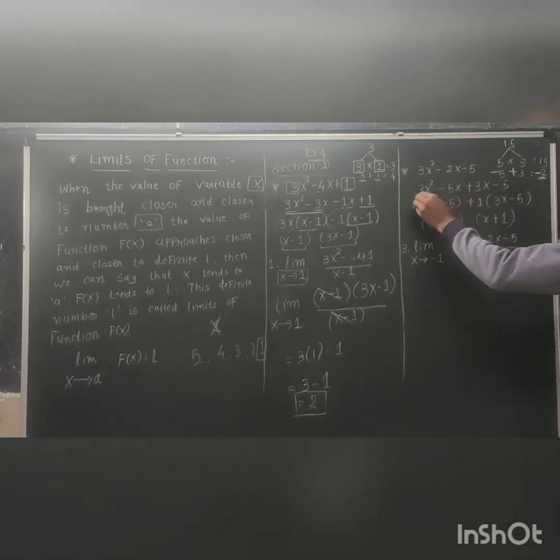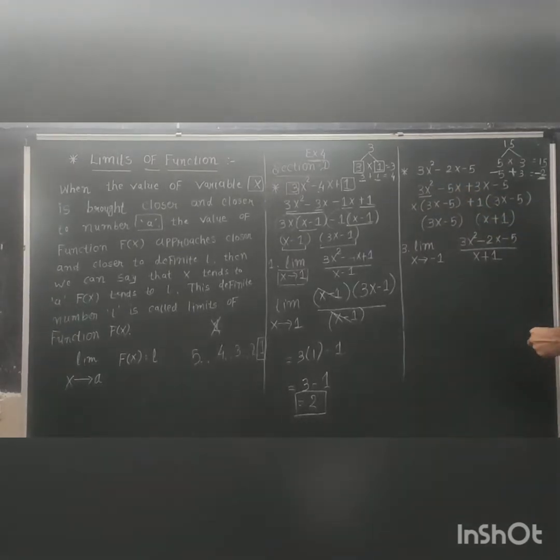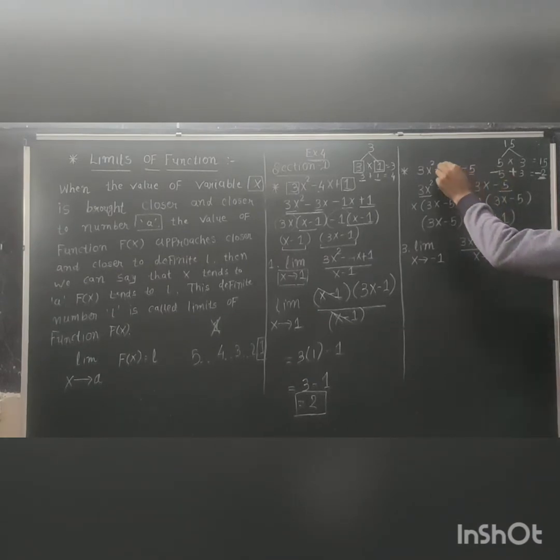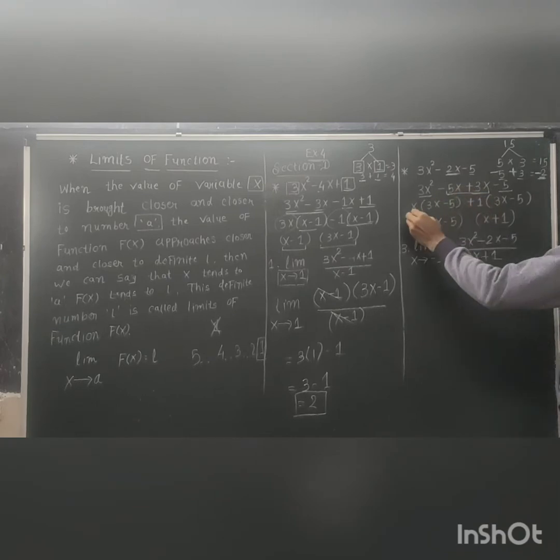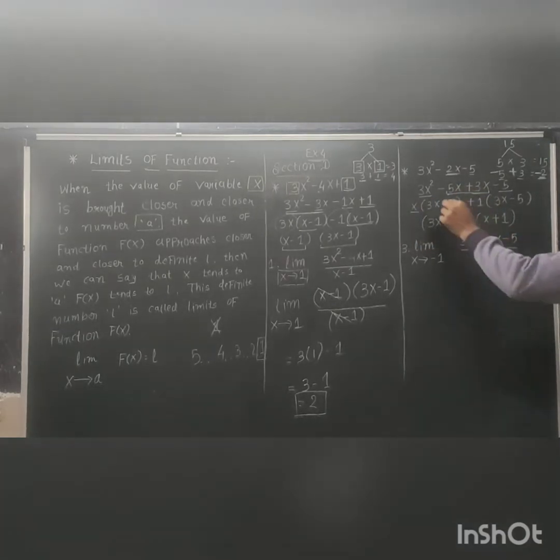3x square, first term as it is, last value as it is. Now instead of minus 2x, I am putting minus 5x plus 3x. It is a simplification of minus 2x, that is minus 5x plus 3x. Now there is a common factor x, then in bracket it is 3x minus 5.